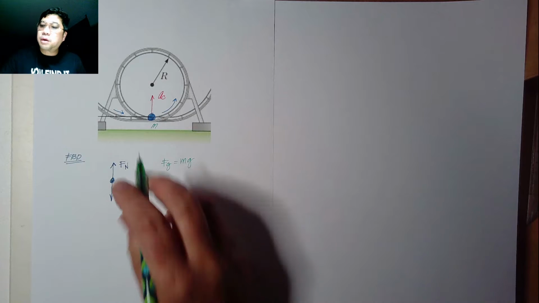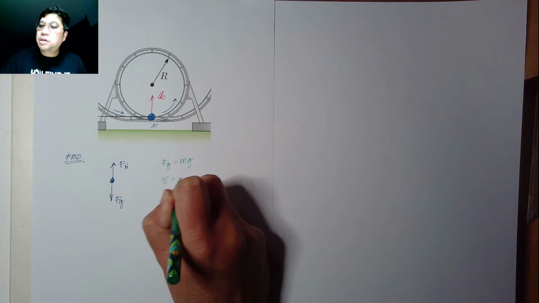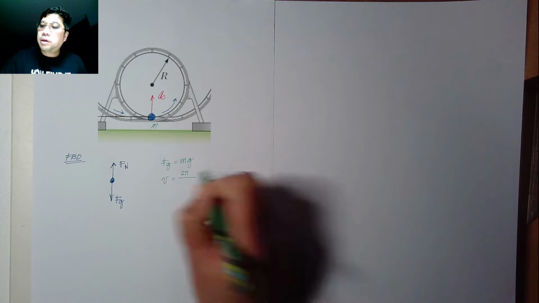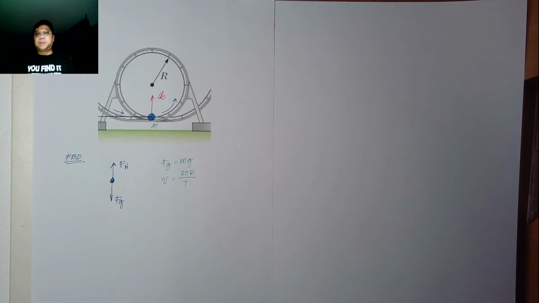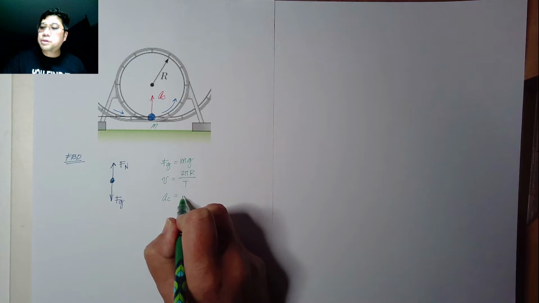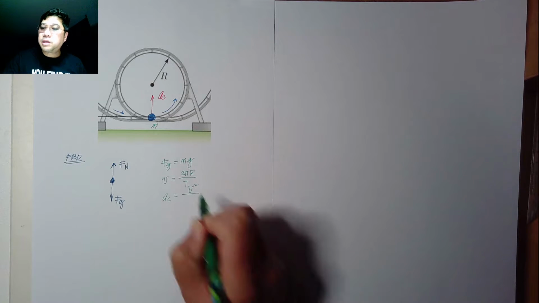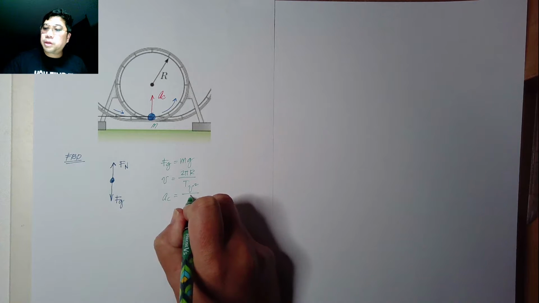Next is the tangential velocity, which is 2 pi r over the period T. And last but not least, our centripetal acceleration is equal to the square of the tangential velocity, divided by the radius r.